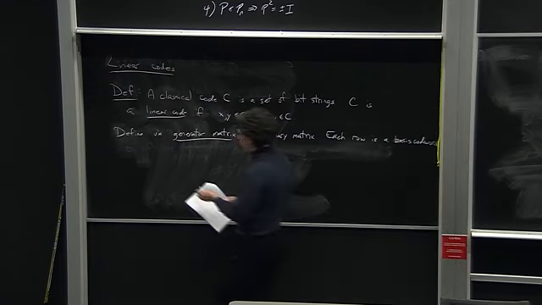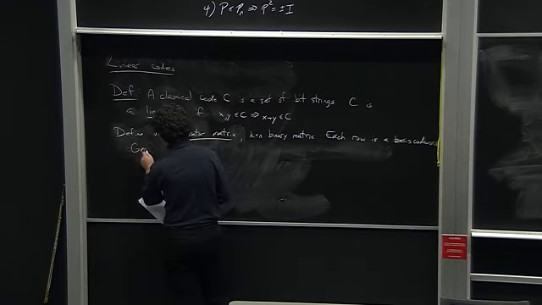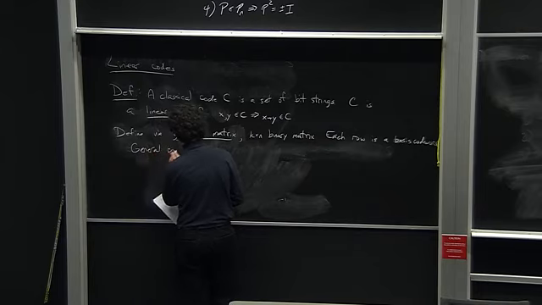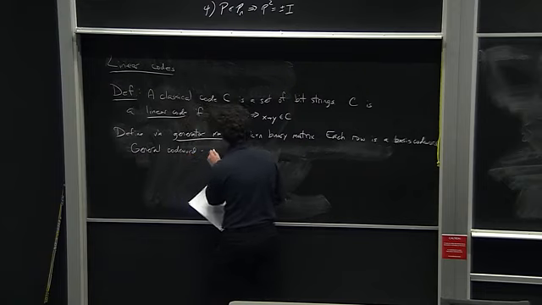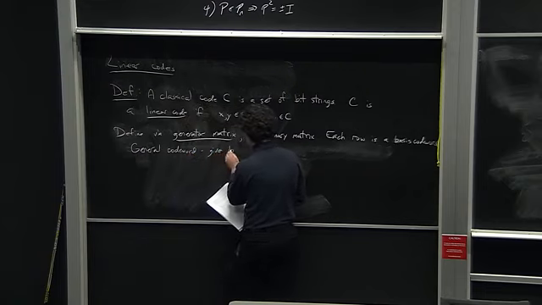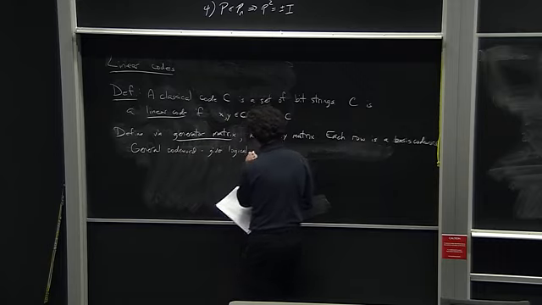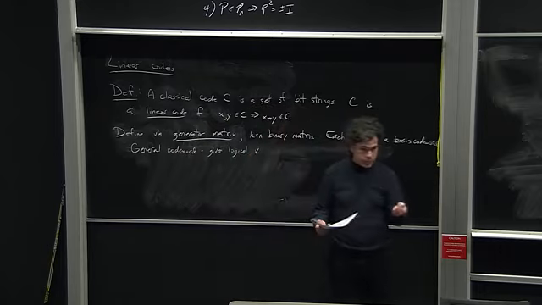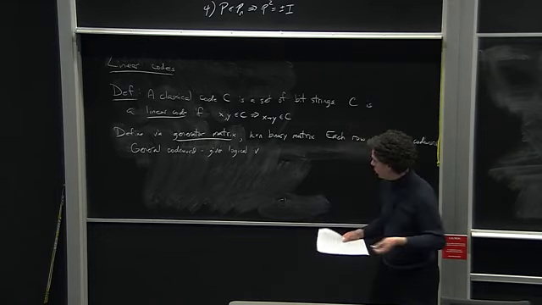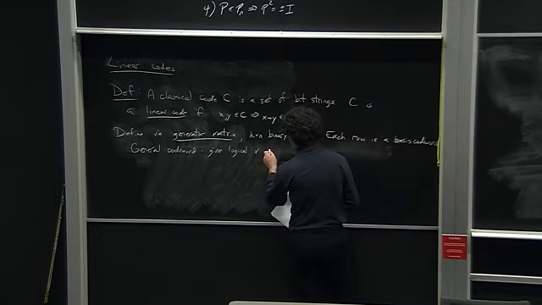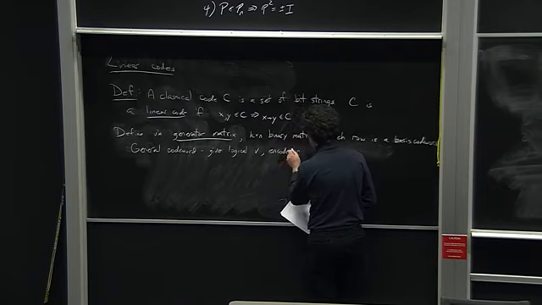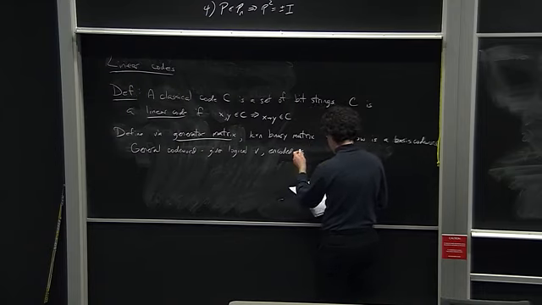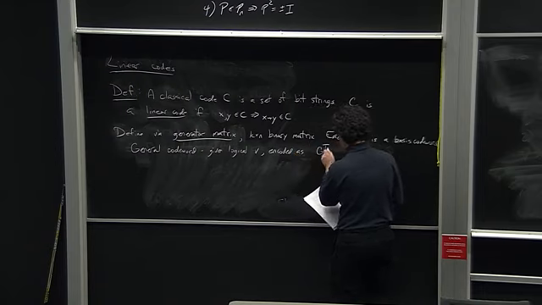And then the general code word, given some logical bit string v that we want to encode, it's encoded as G transpose v.